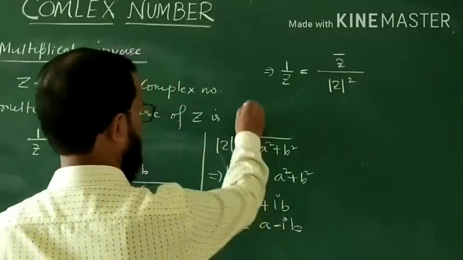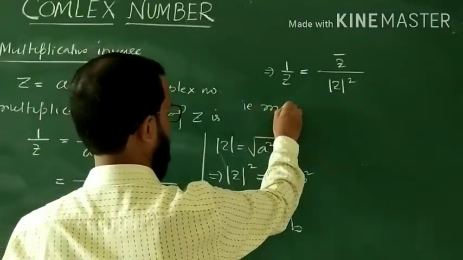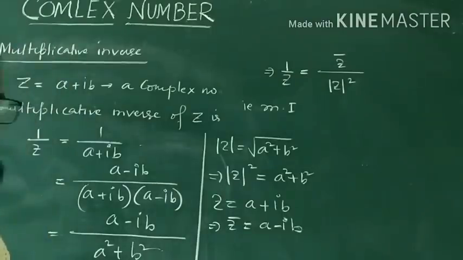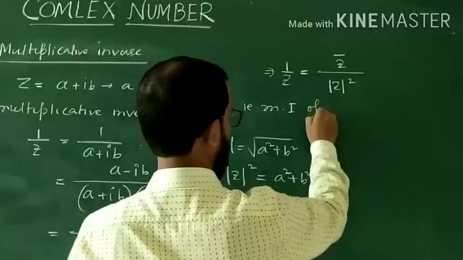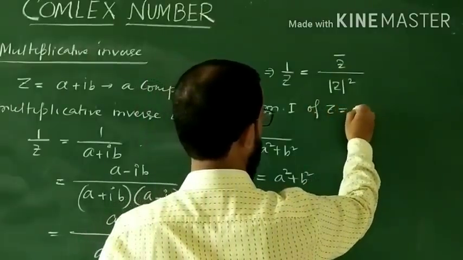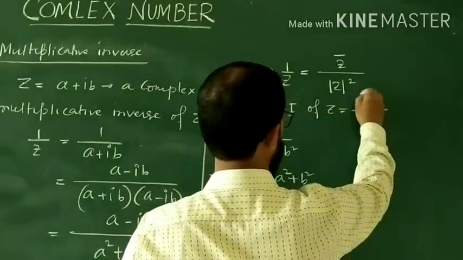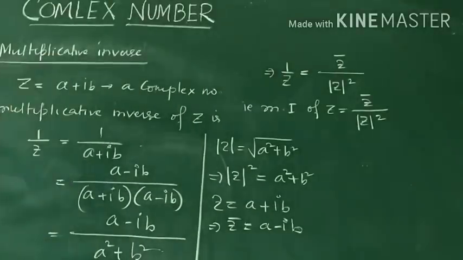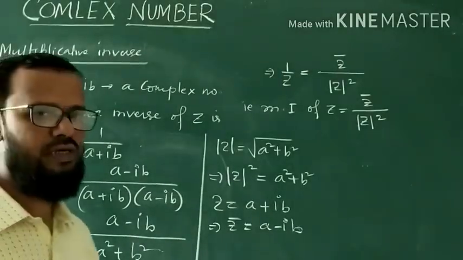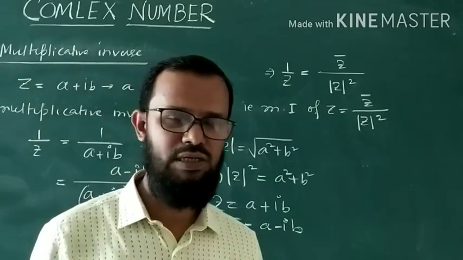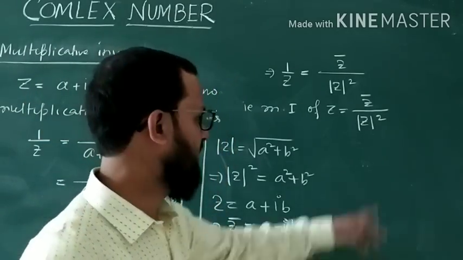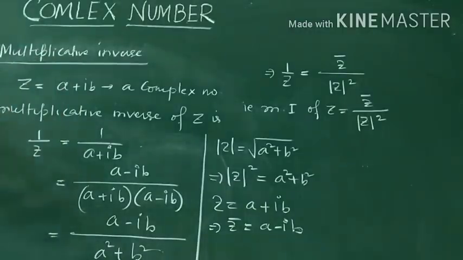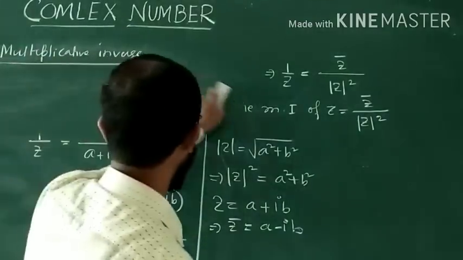So finally, the multiplicative inverse of any complex number z is equal to z bar by modulus of z whole square. Whenever a question comes to find the multiplicative inverse of a complex number, you have to find z bar and modulus of z whole square, and using this result you can find the multiplicative inverse.